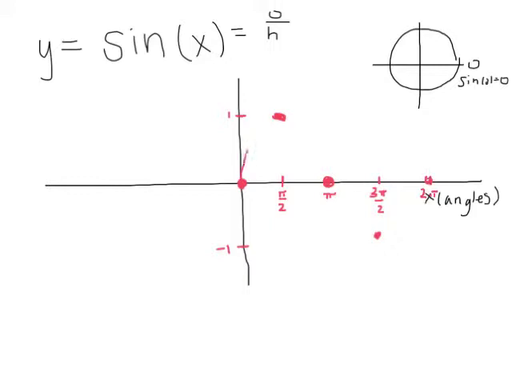So this is my sine parent function. And we know that it's going to continue in this pattern. So if you wanted to make the other half, this is negative pi over 2, negative pi, negative 3 pi over 2, and negative 2 pi.